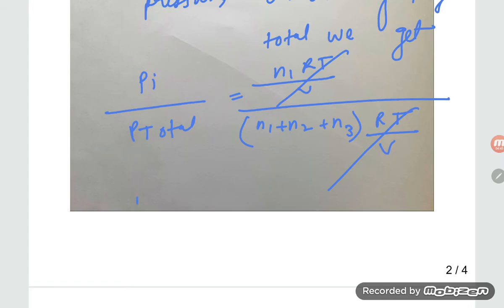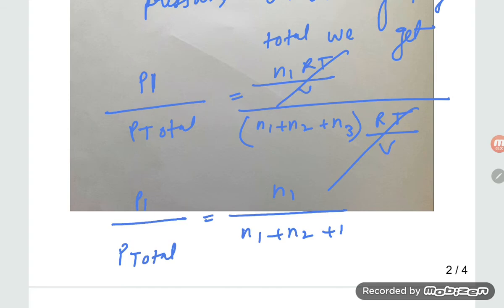So what is left is P1 upon P total, which is equal to N1 upon N1 plus N2 plus N3.